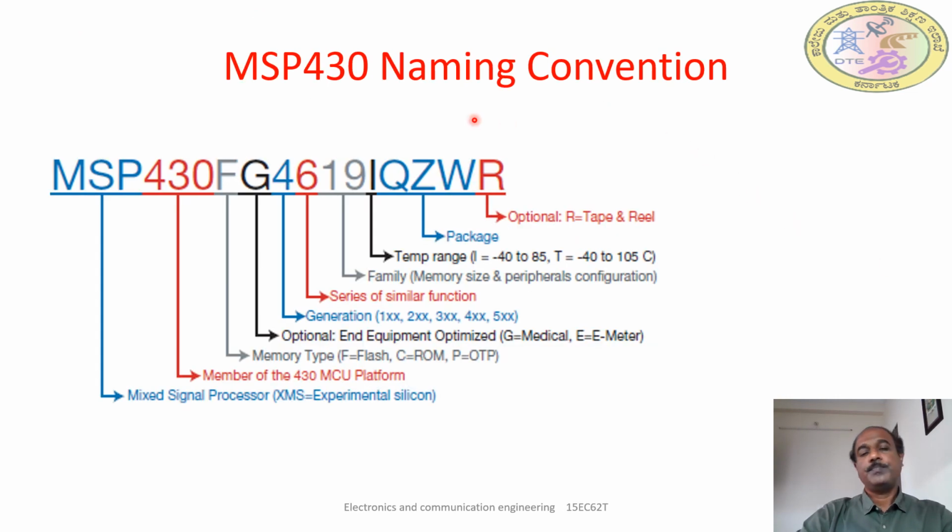So let us now study the naming convention used in the MSP430 microcontroller. As you know, we have learned the 8051 microcontroller, which can only handle digital signals. Whereas this MSP430 is a mixed signal processor. That means M stands for mixed, S stands for signal, P stands for processor.